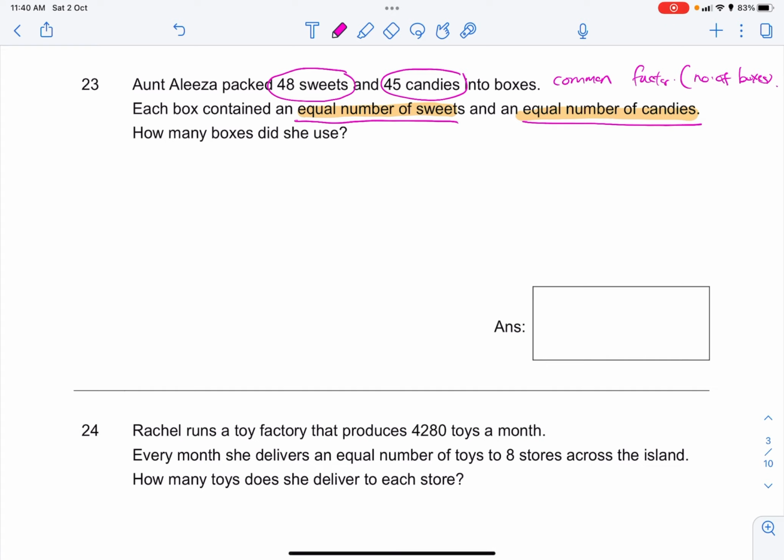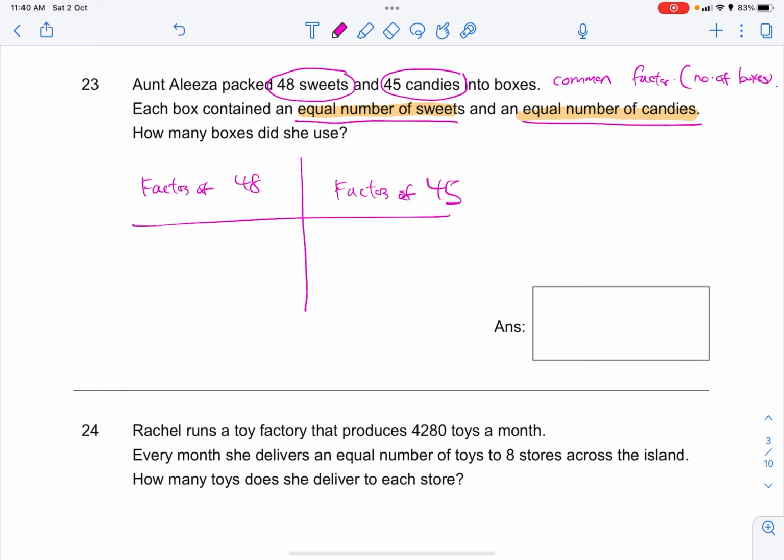So let's look at the factors of 48, then the factors of 45. 48 is your sweets and 45 is your candies.